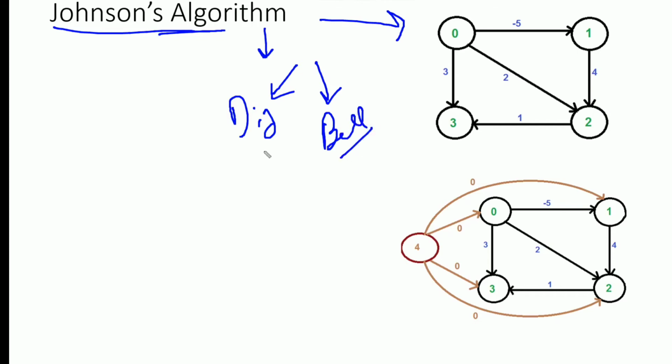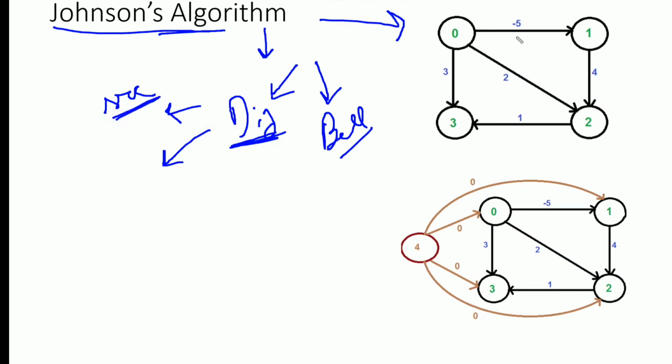Suppose we apply the Dijkstra algorithm to each vertex as the source vertex. This algorithm helps to find the shortest path from a single source in logarithmic time.